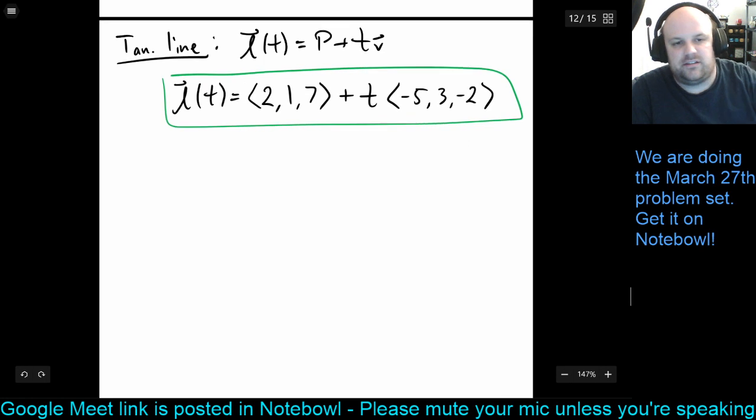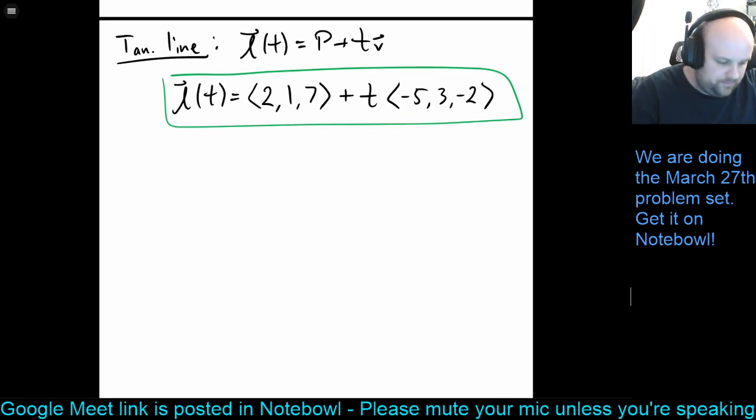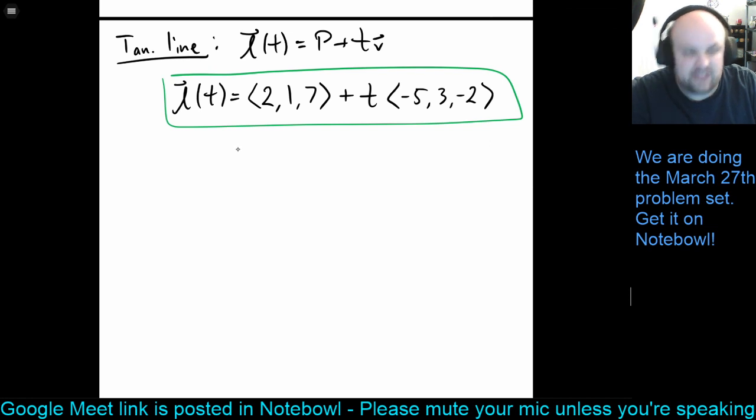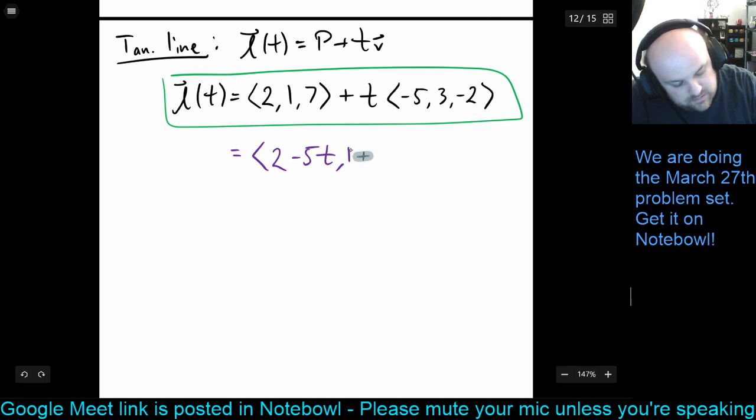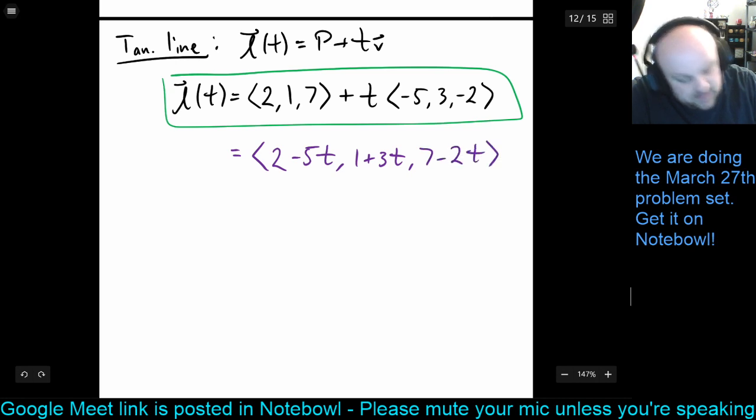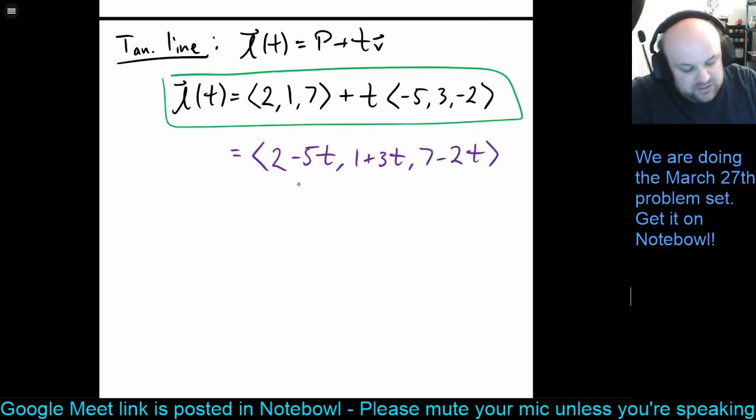And just as a reminder, because I think you'll see this in the homework, it asks about the parametric form of this. We combine this all together: (2 minus 5t, 1 plus 3t, 7 minus 2t). And then your parametric form is just going to be, you know, these are x, y, and z.